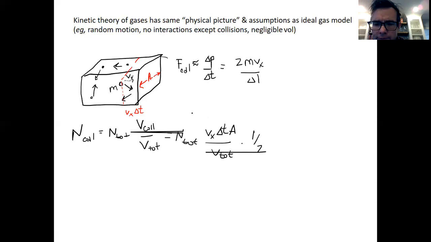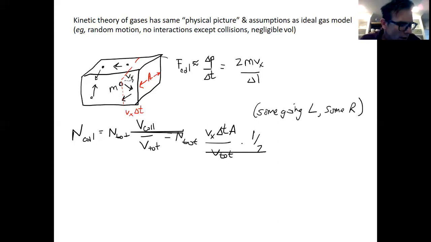The reason is that some are going left, some right? So it's, again, this velocity notion.